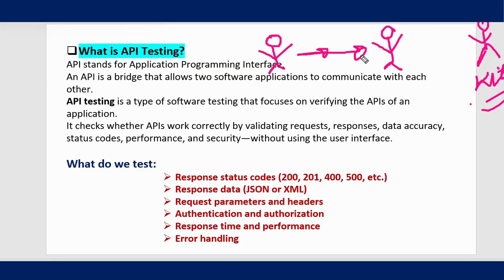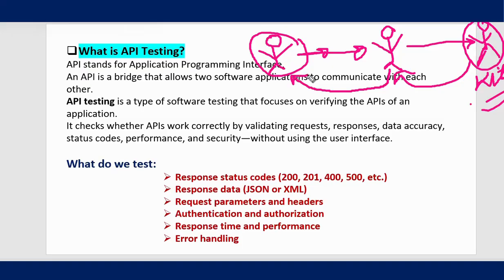You send a request to the waiter, and the waiter validates in the kitchen whether the order you selected from the menu is available or not. Based on that information, the response is sent back to you.